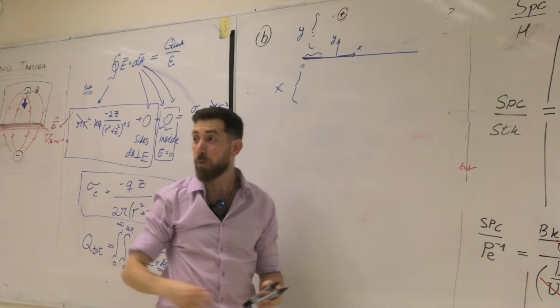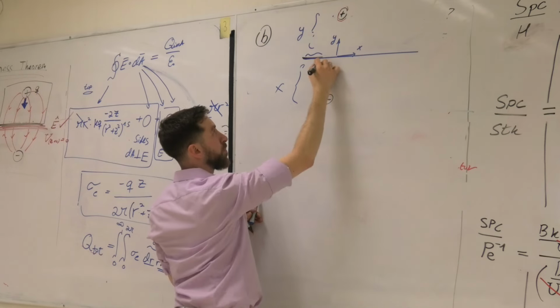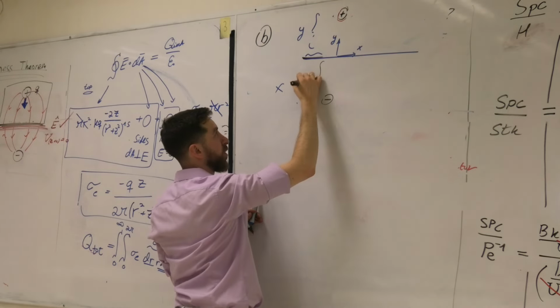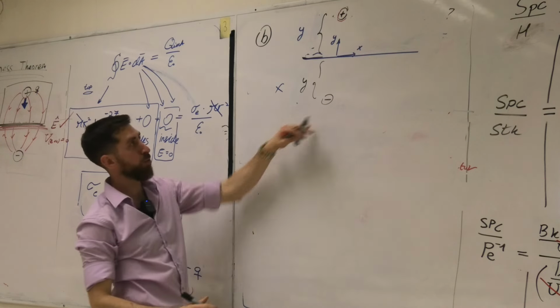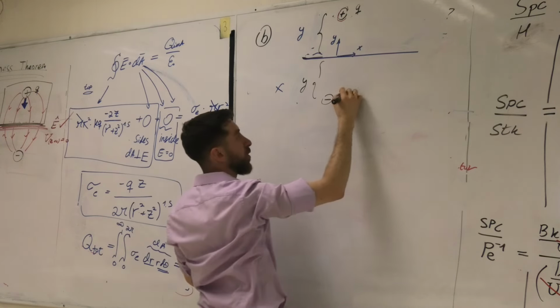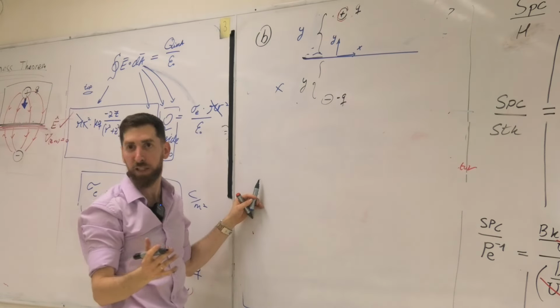In order to solve that, we're going to use the uniqueness theorem, because we know this problem, with the particle at distance y here and y here, with the same charge q and minus q, is going to give us the same electric field in space.